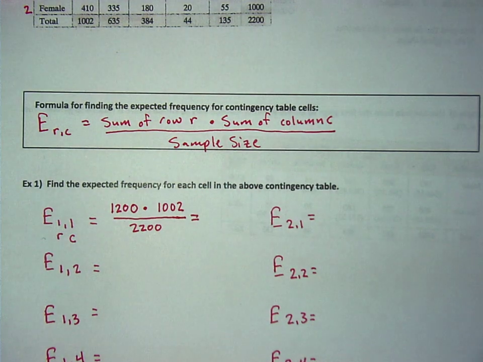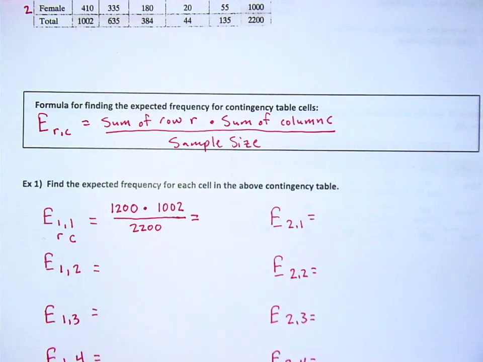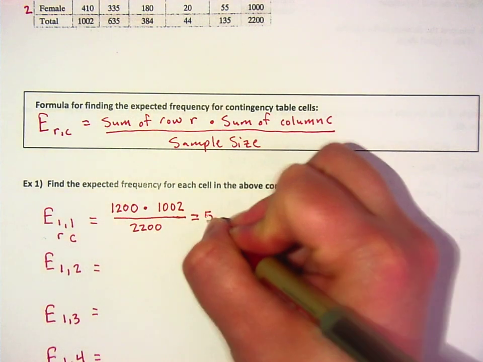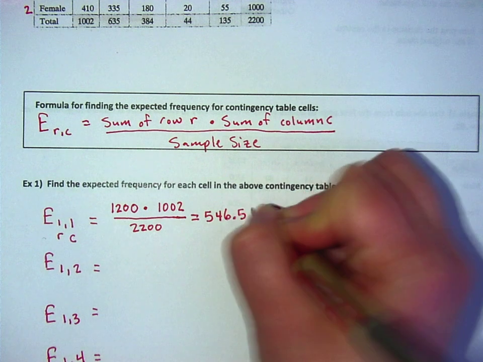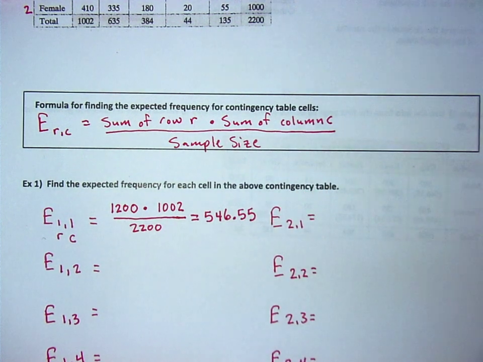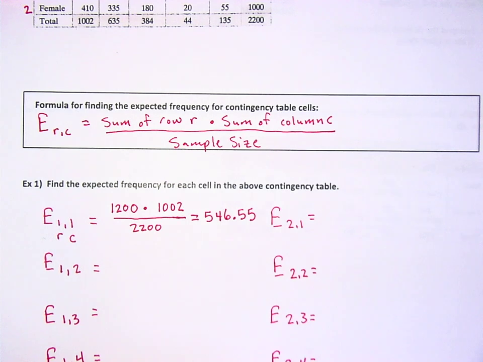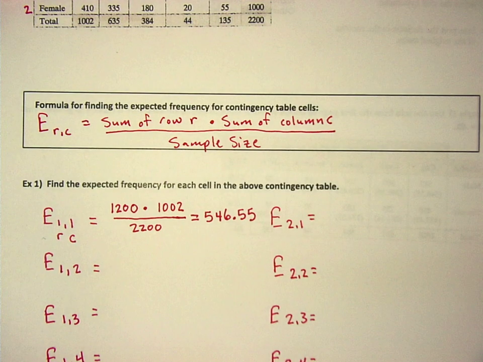Do you have to put the top in parentheses in your calculator? No, actually you don't, but if you did, it wouldn't hurt. Let's go 2 decimal places for this one. I got 546.55. You guys get the same thing?